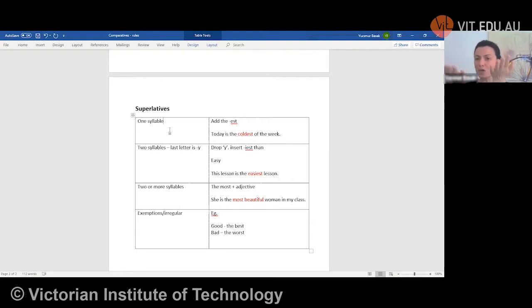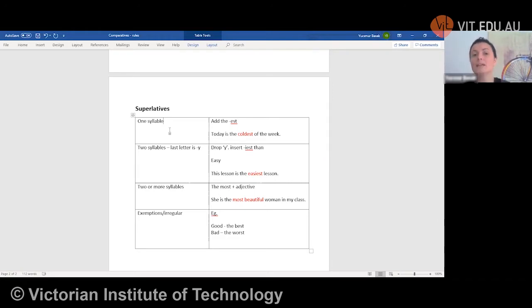Two similar things. But superlatives, when you have one thing against all the others. For example, this flower with all the other flowers, or this student against all the other students. Not two anymore. One against all the others.